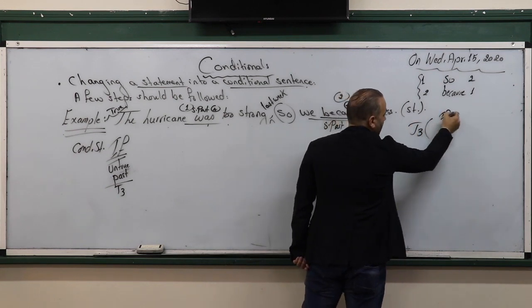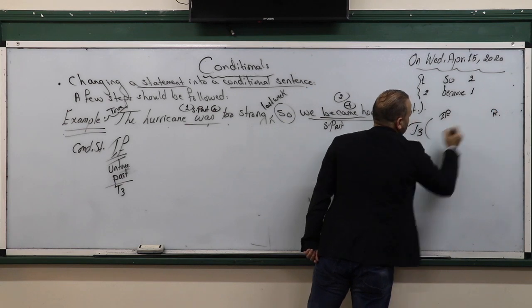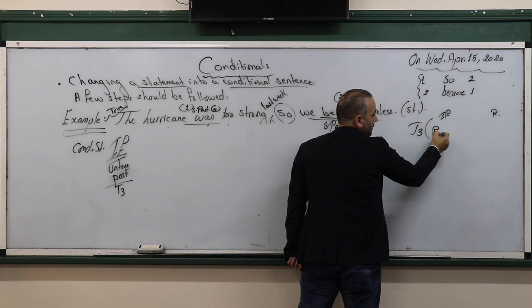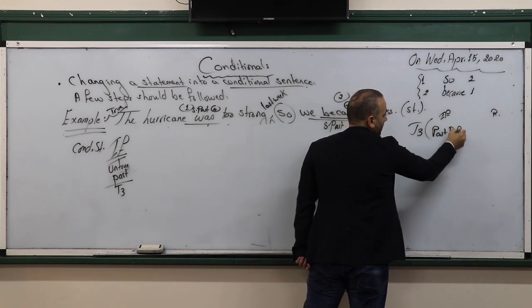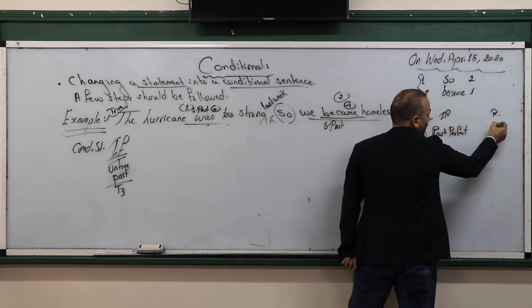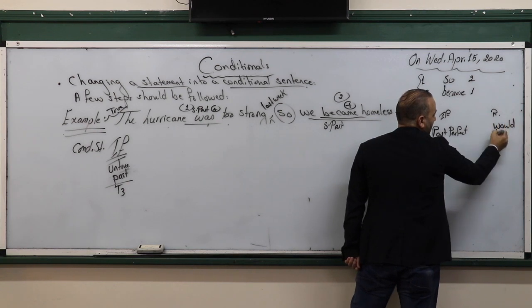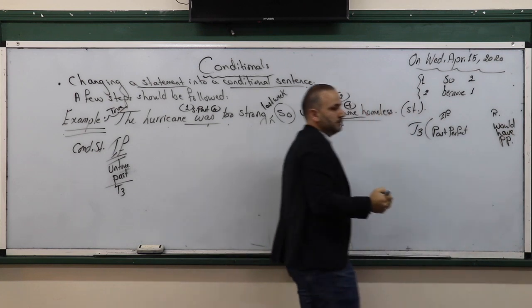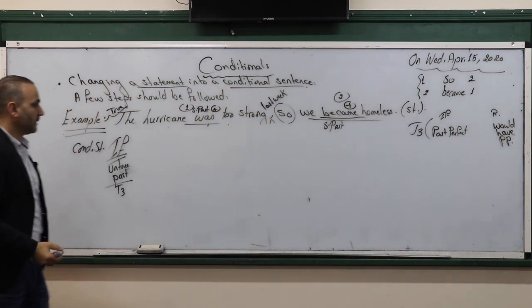In the if clause and the result. In the if clause we have what? Past perfect. In the result we have would, plus have, plus the past participle of the main verb. This is type 3. Okay?